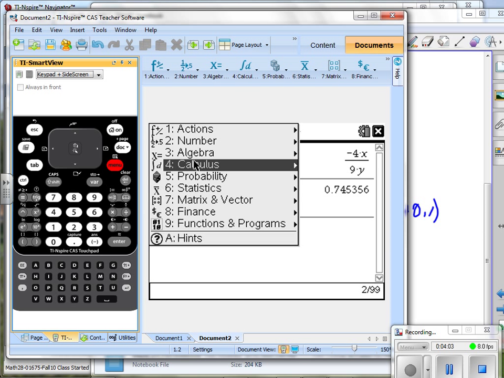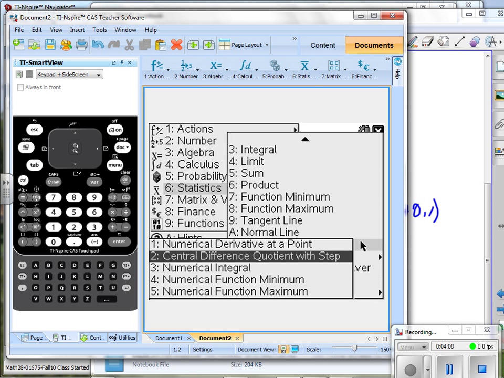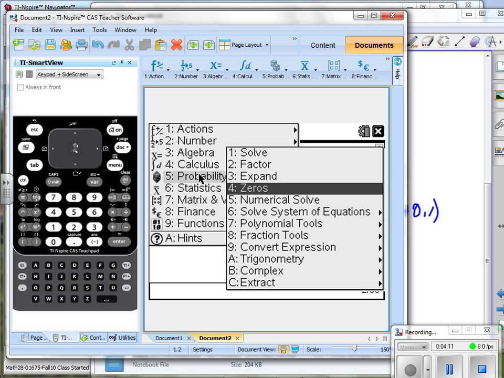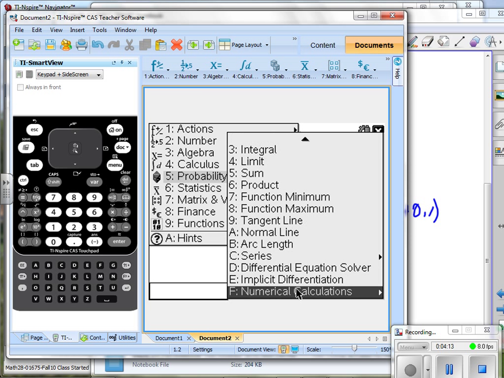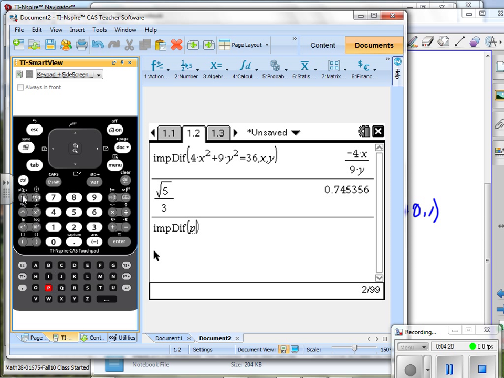Menu, calculus, and go all the way to the bottom. Try that again. There we go. Find that implicit differentiation. What will you type in here? Put it in exactly as you want it here. P equals, got to take the fraction, 2, whoops, don't follow my lead on that.